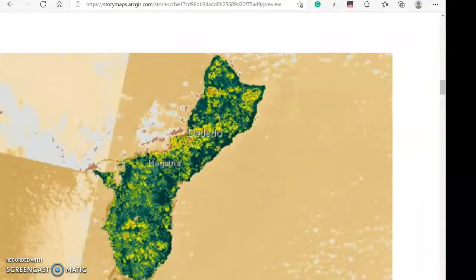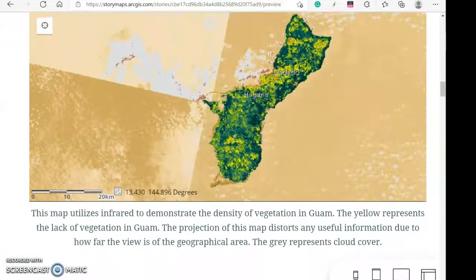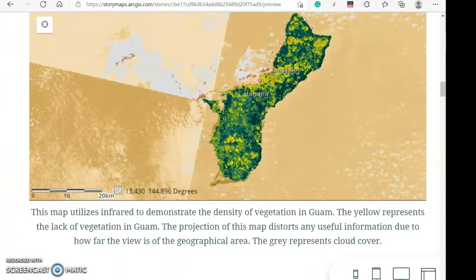The brown tree snake is invasive, and the yellow represents the lack of vegetation in Guam, which is where both the cocoa bird and the brown tree snake thrive. In certain aspects, this projection distorts useful information due to how far the view is from the geographic area. And all of this gray is cloud cover.